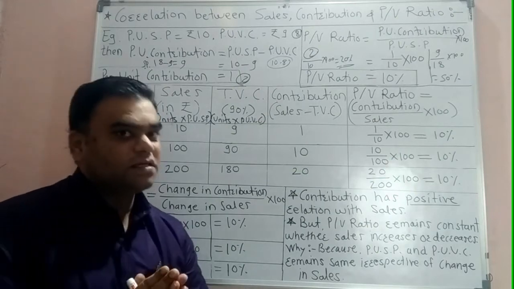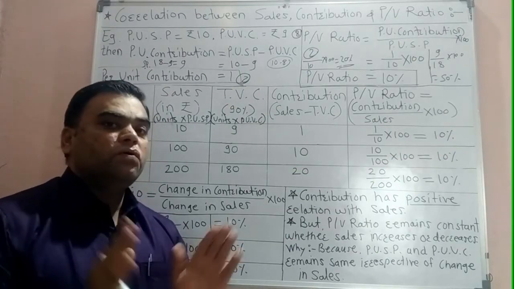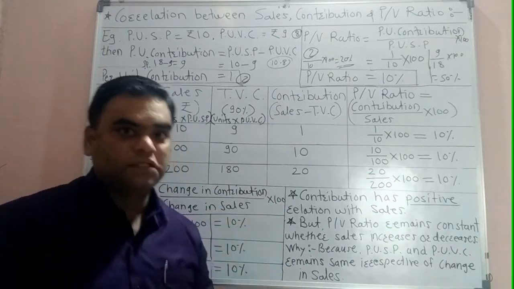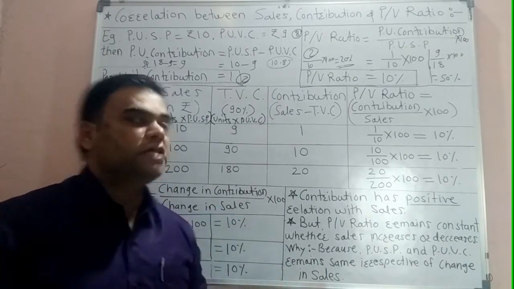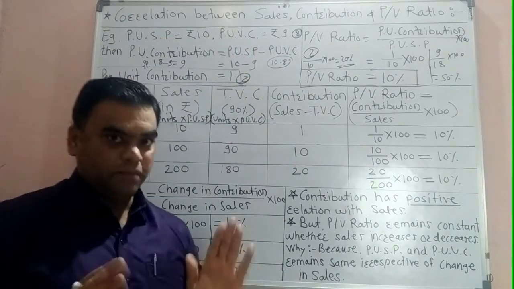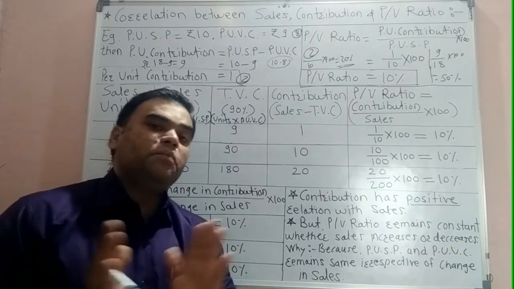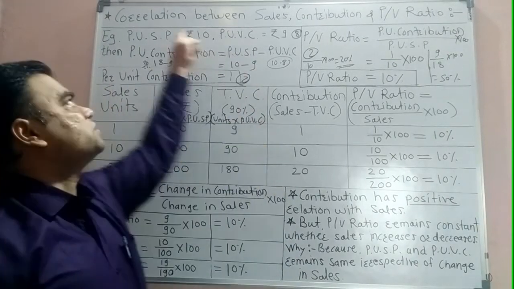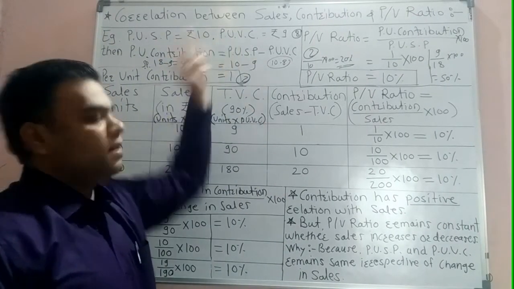What we have discussed? PV ratio will remain unchanged. PV ratio will not change if you make no change in per unit selling price and per unit variable cost. It is impossible to change PV ratio without making a change in any of these two variables.